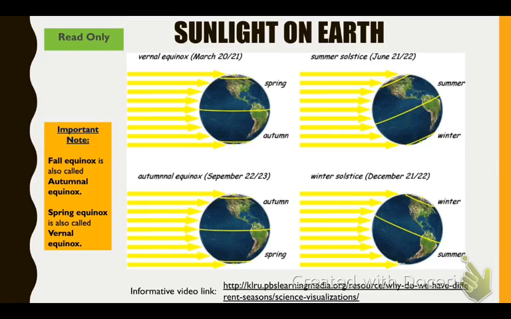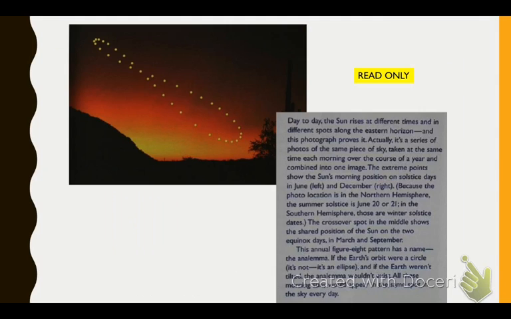So on that vernal equinox in March, it's hitting it at the Cancer, and then the autumnal at the Capricorn, and then summer solstice, winter solstice, you can see that northern is getting more sunlight and southern hemisphere is getting more sunlight. Go ahead and pause here if you're still looking at that slide.